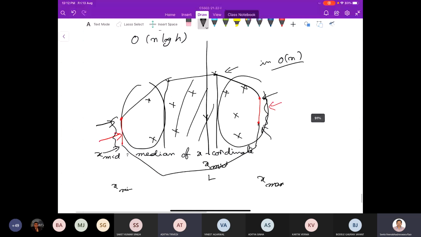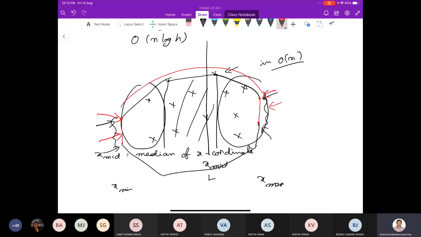Okay. See, I'm repeating. We have n points given to us, and we want to find the convex hull of these n points. So what I'm doing is, first I'll find the upper part of the convex hull, the upper hull. So from here to here, only this part.